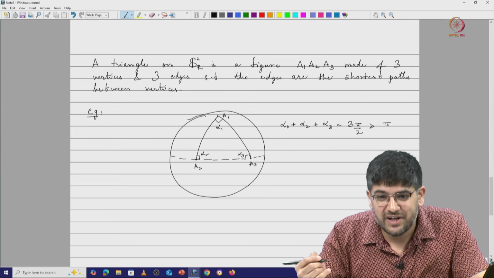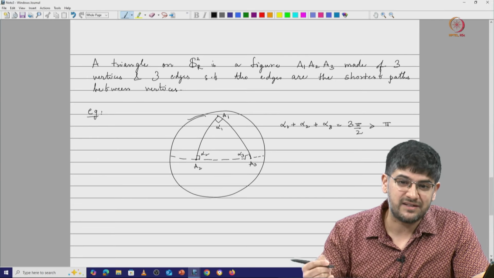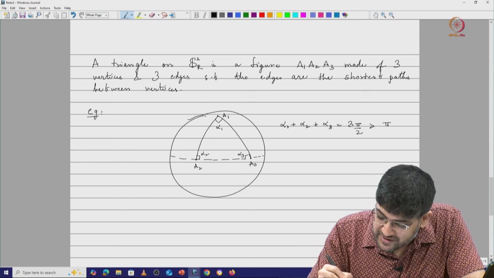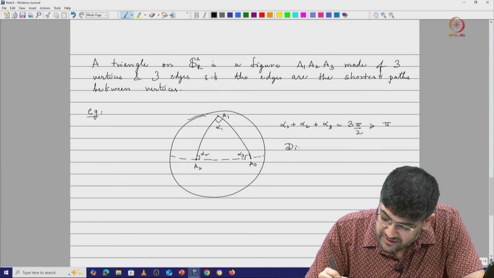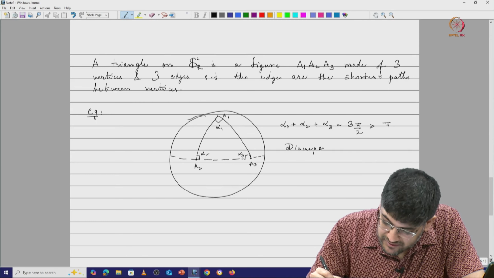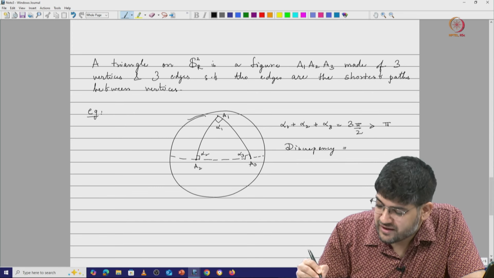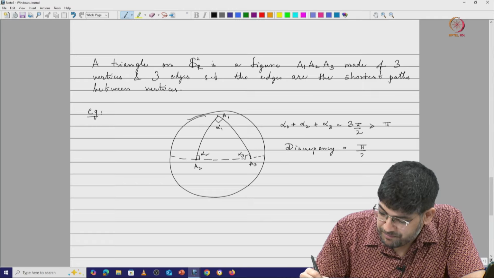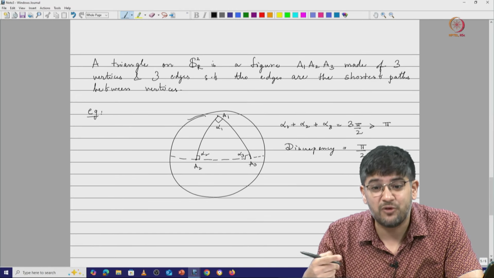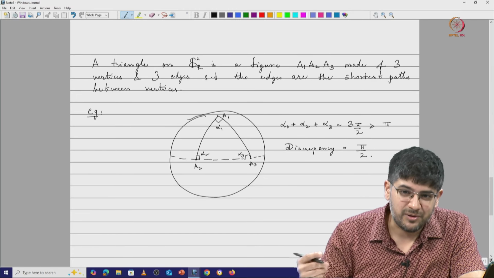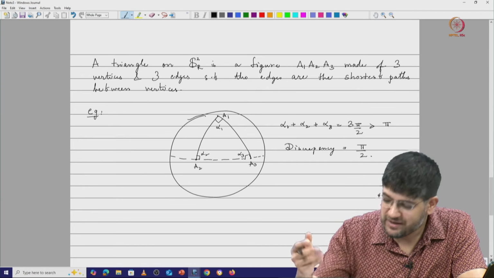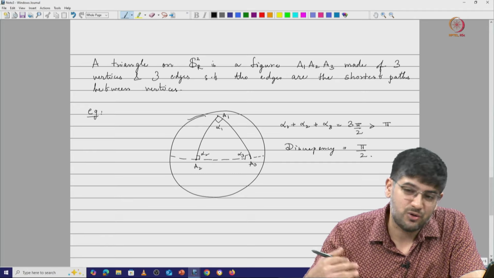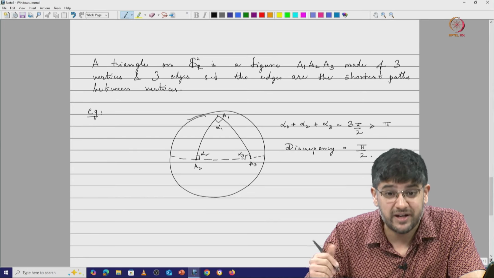So on the sphere we now have a triangle whose sum of angles is actually bigger than pi, and the discrepancy is precisely pi over 2. So it's pi over 2 above pi. Pi would be the correct answer in the plane. So on the sphere you now have a triangle whose sum of angles is actually pi by 2 bigger than pi.